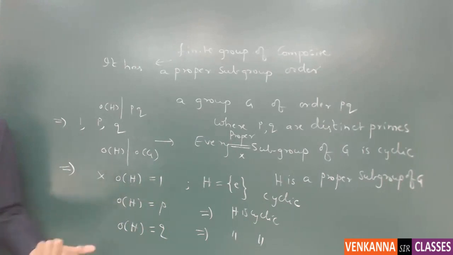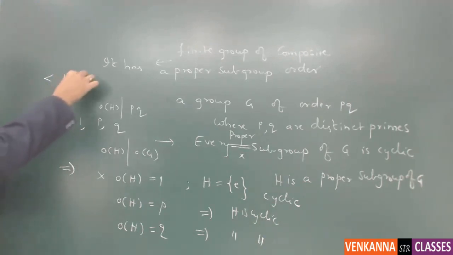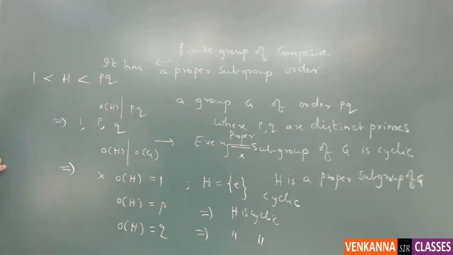So the case must be order of H greater than 1 and less than PQ. If anybody has any doubt whether H equal to the singleton element E is cyclic or not, my answer is that it is cyclic because it contains only one element.